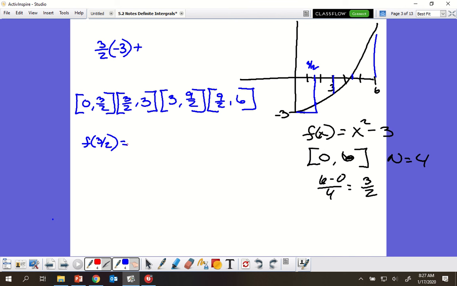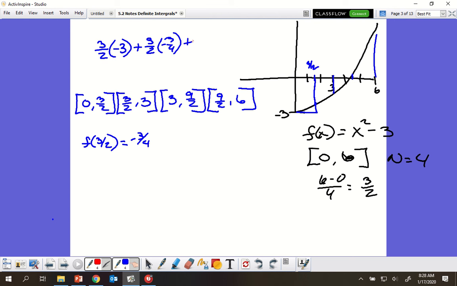That's going to be 9 over 4 minus 12 over 4, which is negative 3 over 4? Yes. Yeah, negative 3 over 4. Yes? Okay, so I'm going to have 3/2 times negative 3 over 4.